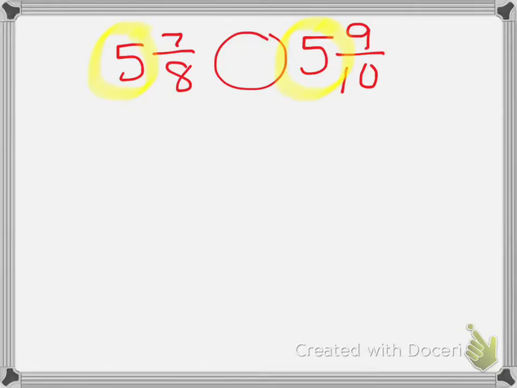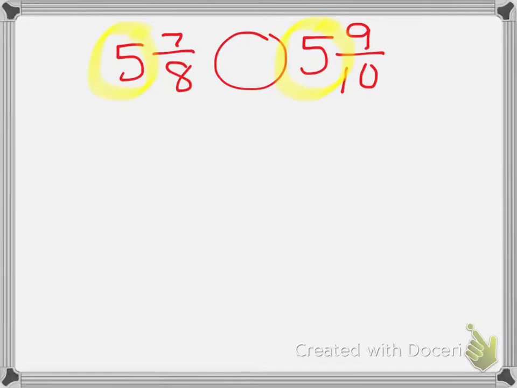Well, 7/8 is 1/8 away from being another whole. 9/10 is 1/10 away from being another whole. So they're really close to both being 6 wholes. But this is where you have to think about the size of the pieces. Okay? Eighths are going to be bigger pieces.